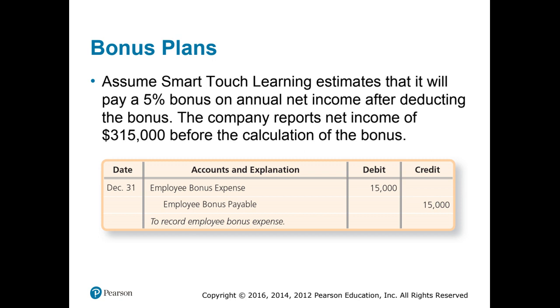The bonus of 15,000 is really 5% of the net income after the bonus has been subtracted. So you could take the bonus out first, and that would be 300,000 times 5%, which equals your 15,000. So just refer back to this page if you need to.